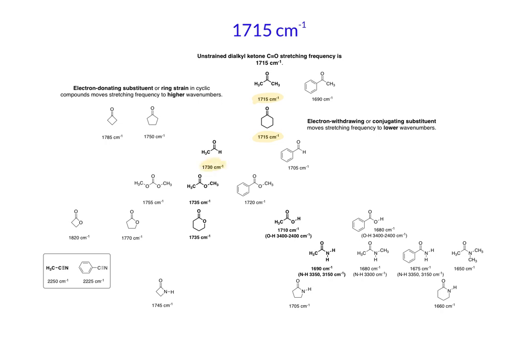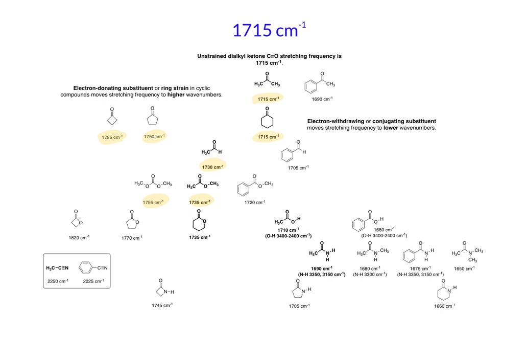Aldehydes and electronegative elements, such as oxygen, increase the frequency to higher wave number. Ring strain also moves the stretching frequency to higher wave numbers. The carbonyl has a higher bond order in both esters and in strained compounds.